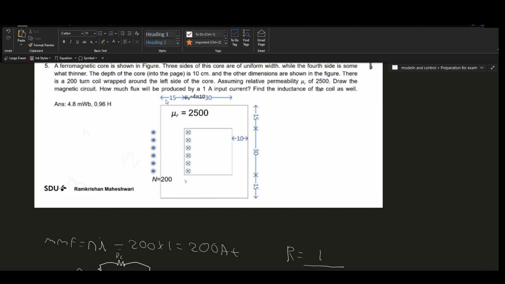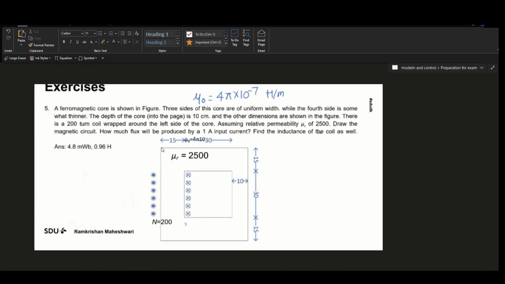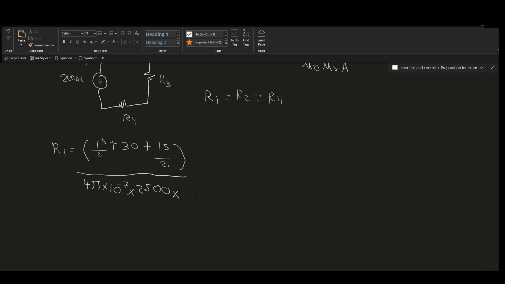So here we have 15 on one side, and it is telling us that it is going 10 centimeters into the page. So the cross-sectional area will be 15 times 10. This is in centimeters, so for the top part we have to multiply by 10 to the minus 2, because we need the length in meters, and this will be in centimeters squared, so we have to multiply by 10 to the minus 4.